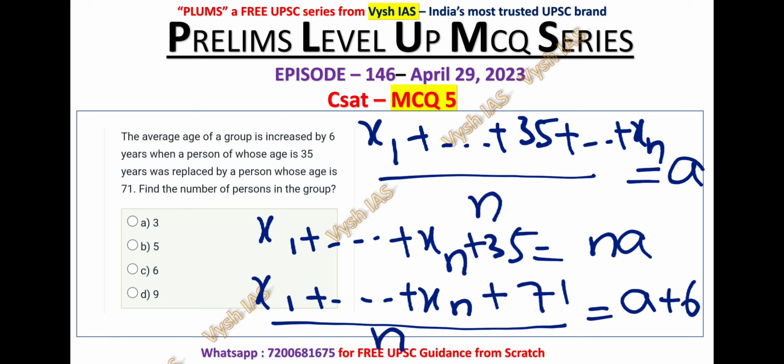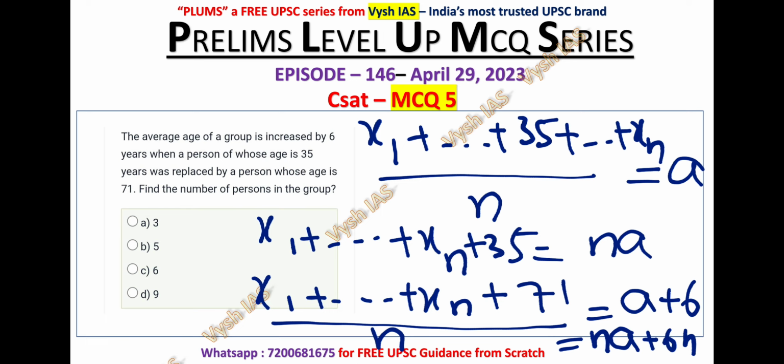If n goes to the right-hand side, it will become na plus 6n. The na value is nothing but x1 plus x2 and so on till xn plus 35.